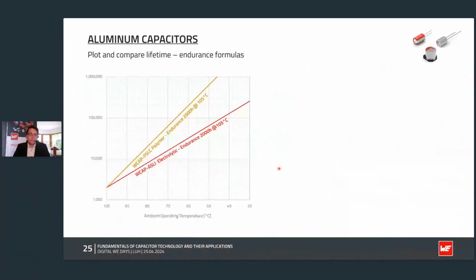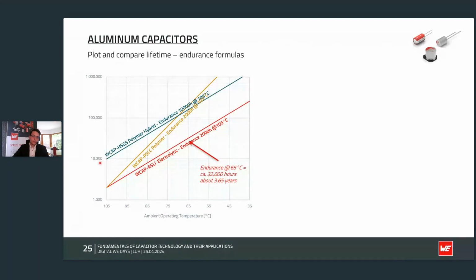Let's talk a little bit about the lifetime if you draw it over the ambient operating temperature. You can see here we did a comparison of aluminum electrolytic and aluminum polymer, and you can see that aluminum polymer gets better if you reduce the temperature. That's clear.